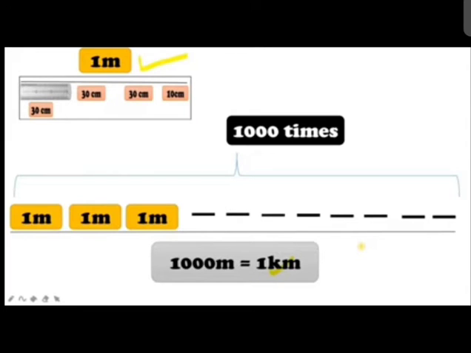And 1000 meter is equal to 1 kilometer. It means if we add 1 meter 1000 times, it will be equal to 1 kilometer. So 1 kilometer is equal to 1000 meter, and 1000 meter is equal to 1 kilometer.